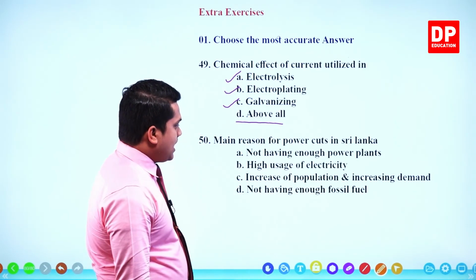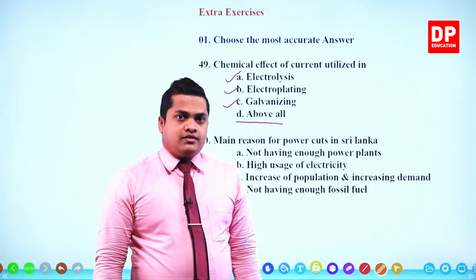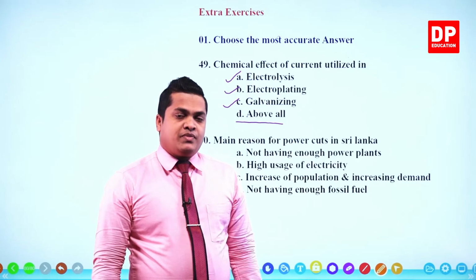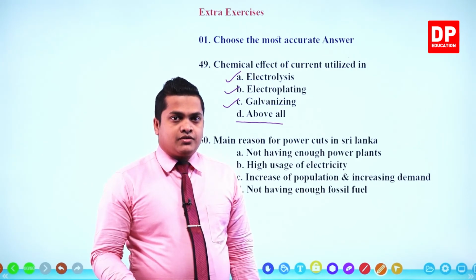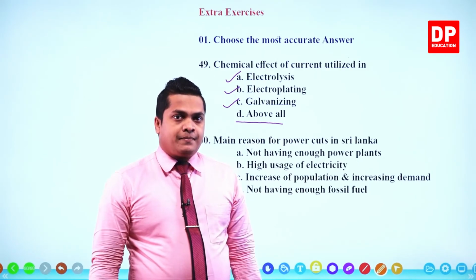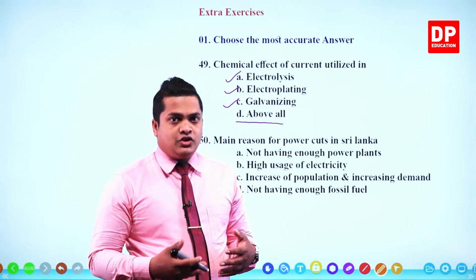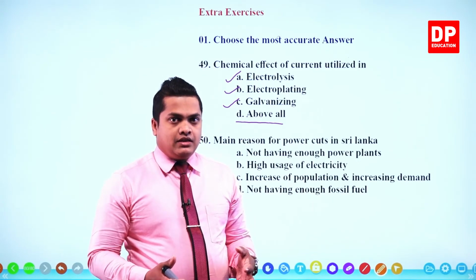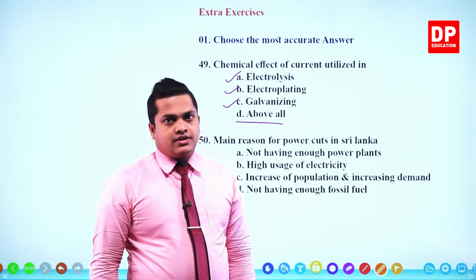Next one, high usage of electricity. That is also correct. Why? Because people are using more and more electricity. So if the amount of electricity being used is high, then there is a crisis. So that is also correct.